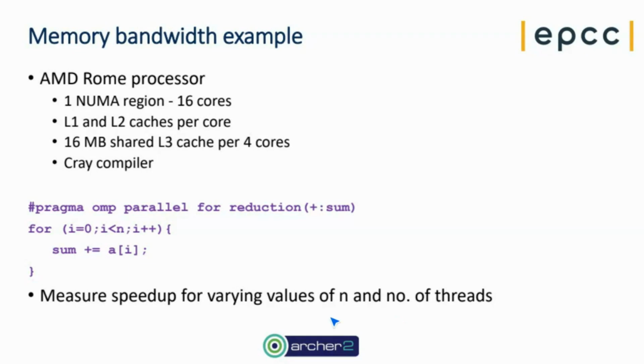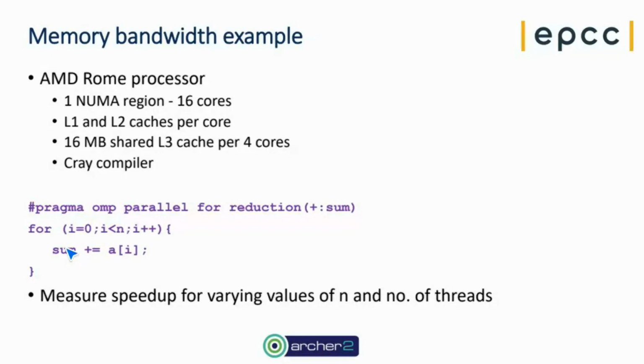Using the Cray compiler, we're measuring the speedup for this parallel loop. This is a simple parallel loop which just computes the sum of the elements in an array. The accesses to sum are not relevant here. Well, they are.